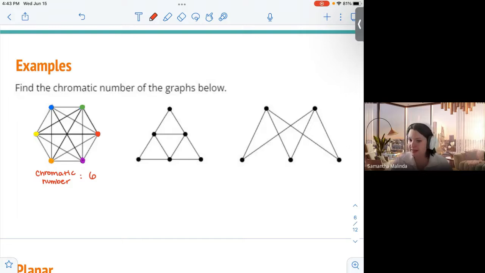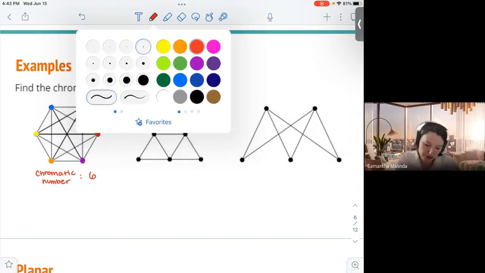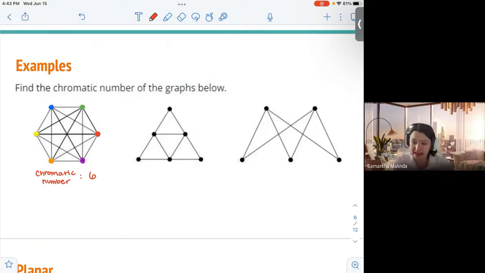Now, let's look at one where not every vertex is connected. You can start at any vertex. Any vertex works. I'm going to start right here. And I'm going to say, okay, well, this one has to be a different color, correct? The next one it's connected to also has to be a different color because it is also connected to the blue and the red vertex. So it needs to be different. Now, this is where you would start duplicating colors as much as you can.